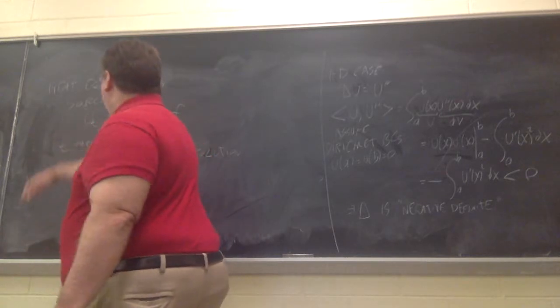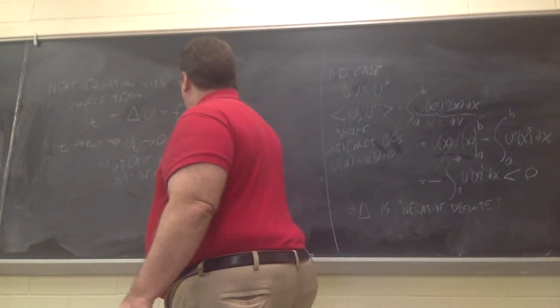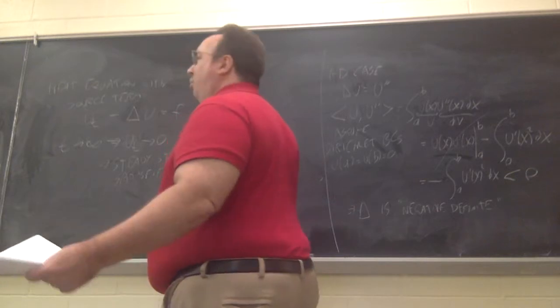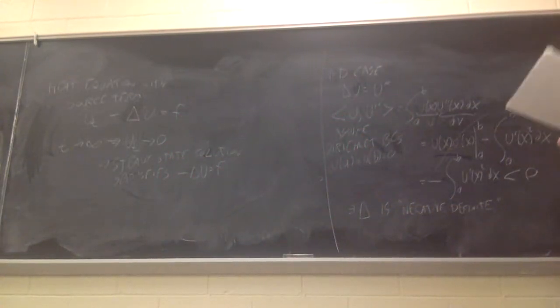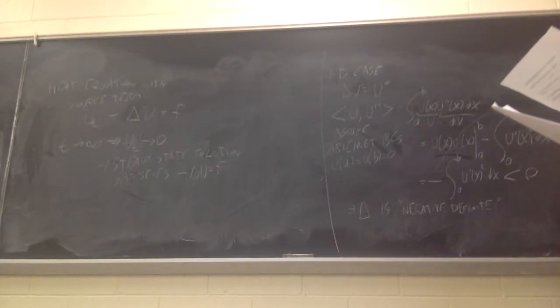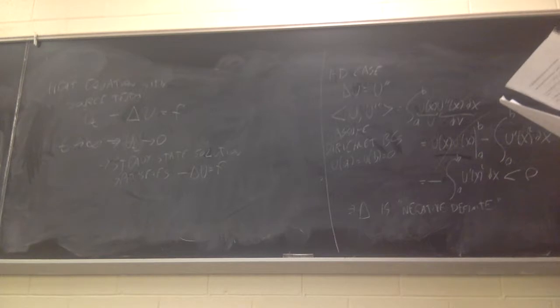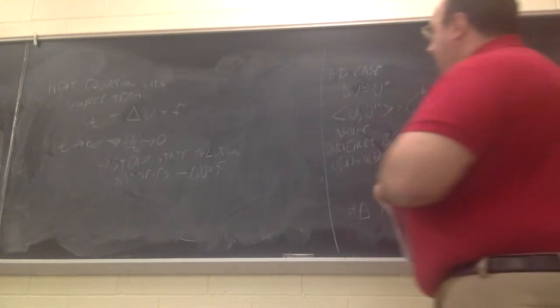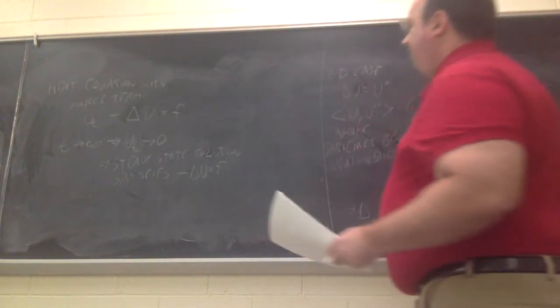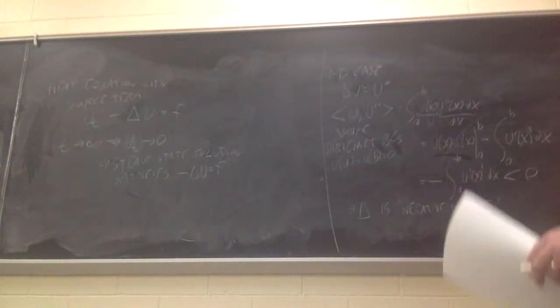So you just drop that term, and what do we have? Poisson's equation. So what I'm going to do is come up with a solution for Laplace's and for Poisson's equation.